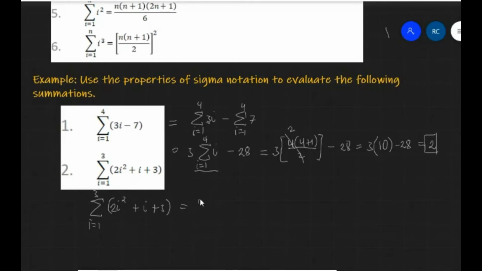So, ito yung magiging 2 summation of I raised to 2 from I is equal to 1 to 3 plus summation of I from I is equal to 1 to 3. And lastly, plus summation of 3 from I is equal to 1 to 3.